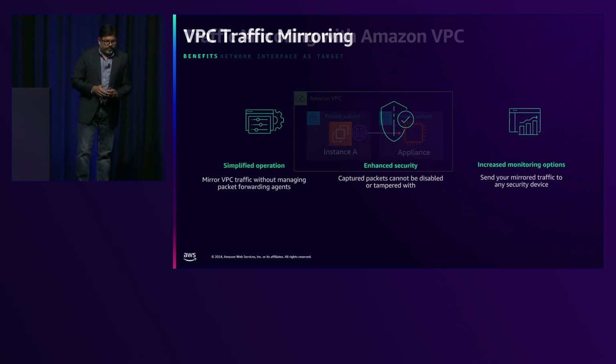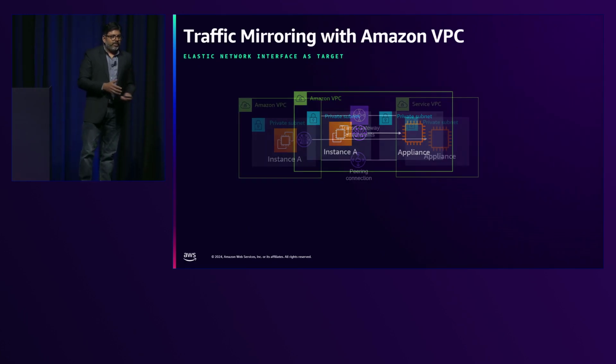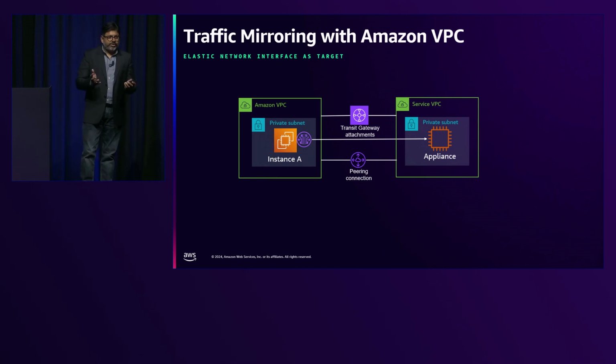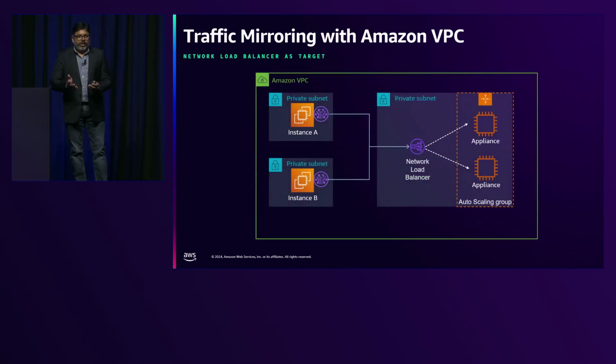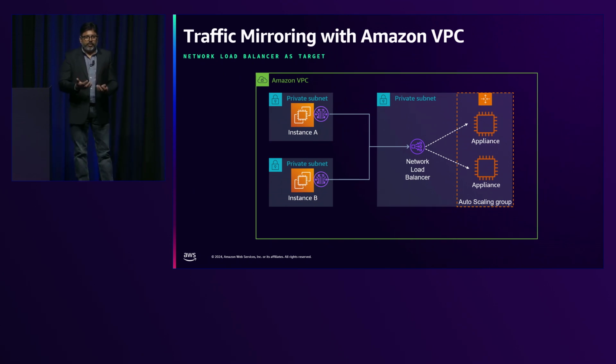So where can these appliances be? These appliances can be in the same VPC where your source is. They can be in a different VPC, where the source and destination VPCs are paired with each other by a peering connection or by transit gateway. Or if you don't know how much traffic you're going to get, and at times you get a lot of data and at times very little, you can put these appliances behind a network load balancer in an auto scaling group, so that you can scale out or scale in based on how much data you are getting.